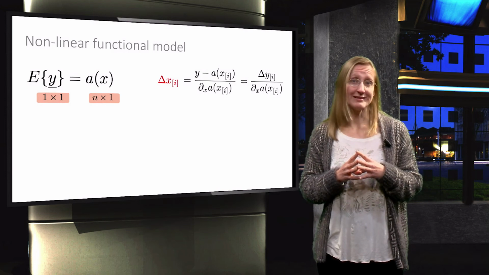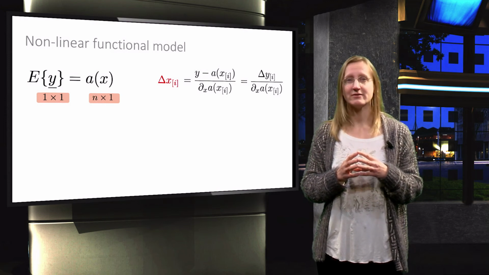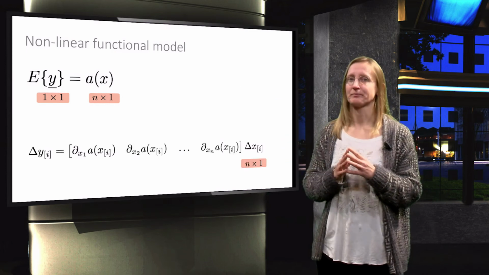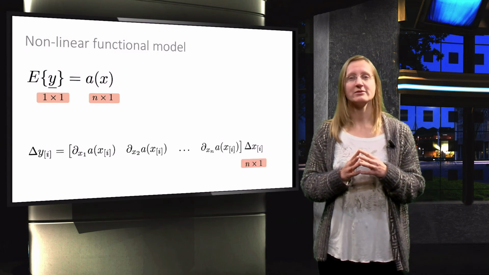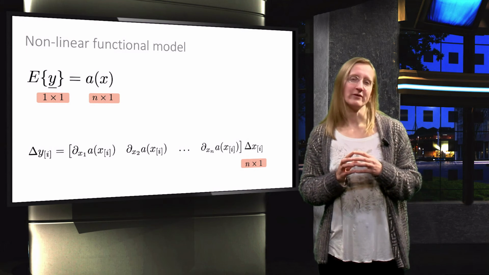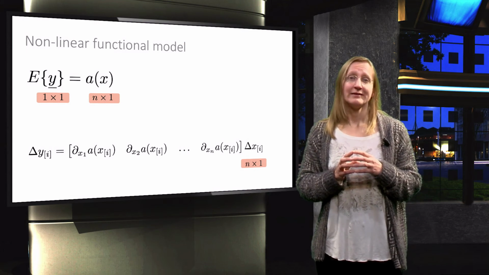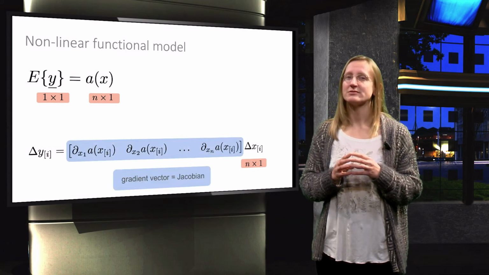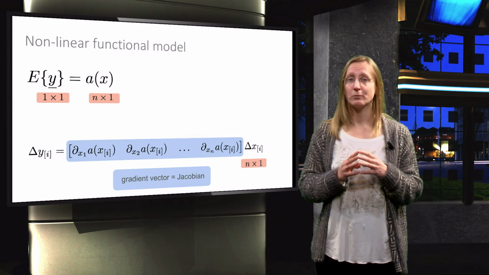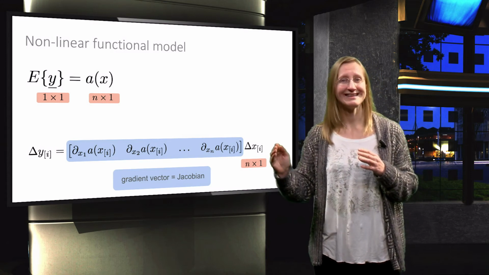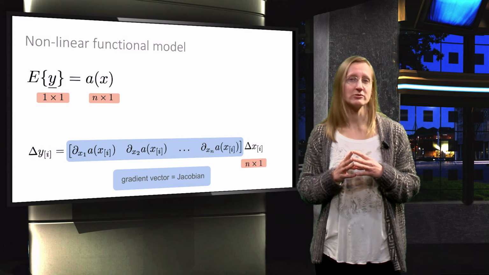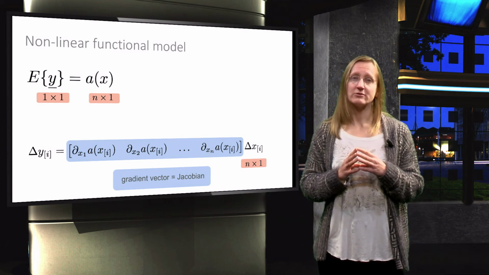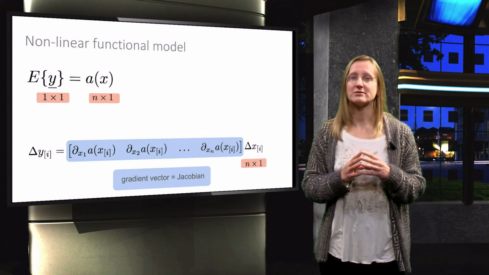The first order linear approximation is then given by this equation. Note that here delta x is an n by 1 vector. The vector highlighted here is the so-called gradient vector, with partial derivatives with respect to the individual elements of vector x. This gradient vector is also referred to as the Jacobian.